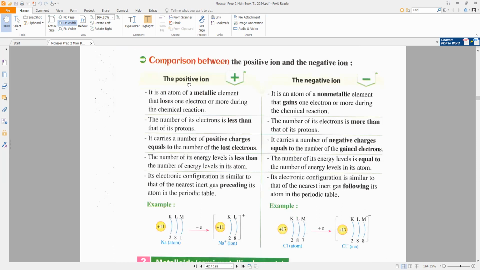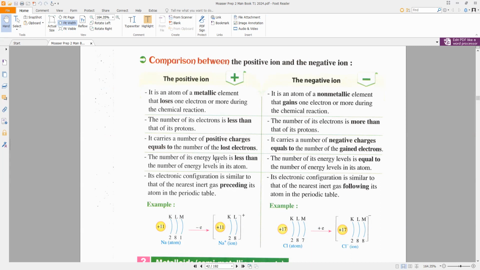And the difference between positive ion and negative ion is in the number of electrons. A positive ion is a metallic element that loses electrons, but a negative ion is non-metallic and gains electrons. The number of electrons in a positive ion is less than protons. The number of electrons in a negative ion is more than protons. The number of energy levels in a positive ion decreases compared to the neutral atom because it loses an energy level.